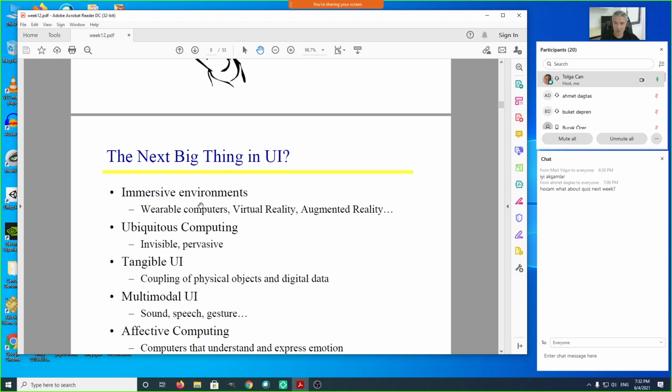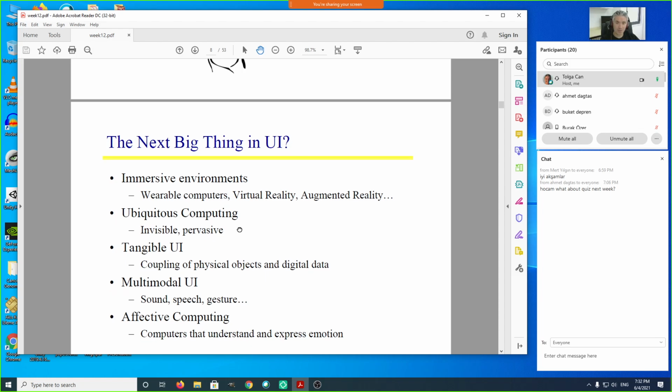I think the closest we get to wearable computers these days is to have these smartwatches or other devices with sensors that we can wear. Two weeks from now, we're going to talk about ubiquitous computing. This basically changed its name to Internet of Things these days. So it's like lots of computing devices that are connected, networked with each other, and they are invisible.